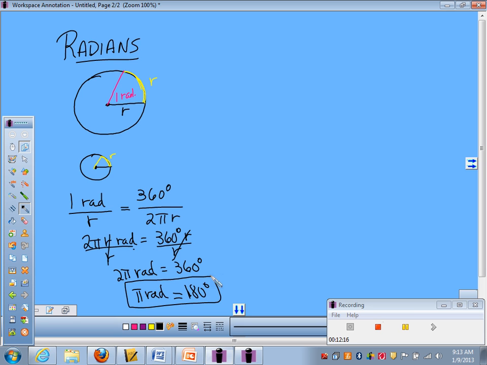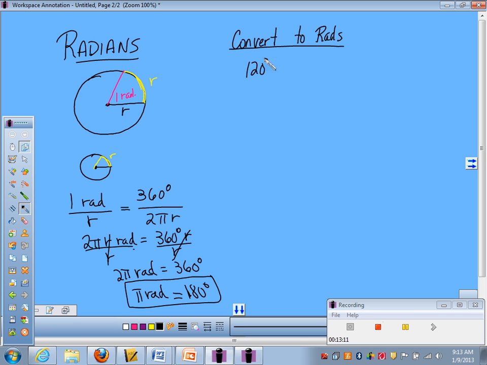Okay, if you need to convert from radians to degrees or degrees to radians, there is an easy way to do it. We're going to convert to radians first. If I gave you 120 degrees and said, hey, convert that to radians. Do you remember when we convert units, we make our units cancel?